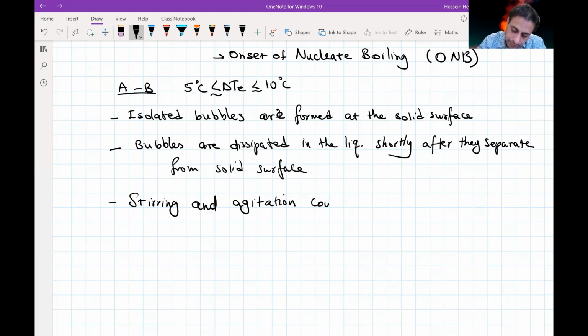Agitation caused by entrainment of the liquid to the heater surface.